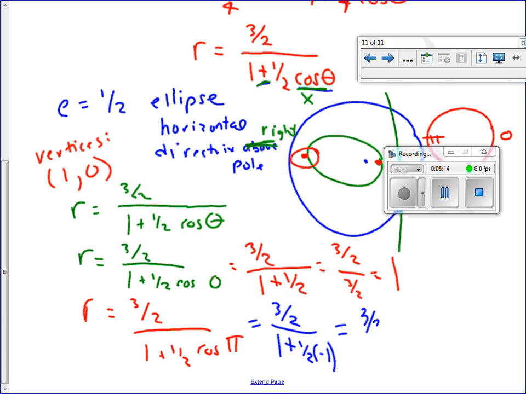So 3/2 over 1 minus 1/2, which is 3/2 over 1/2, which is 3. So my other vertex in polar coordinates is at 3, pi.